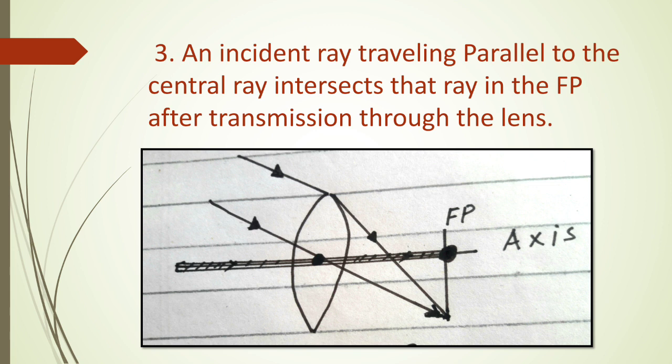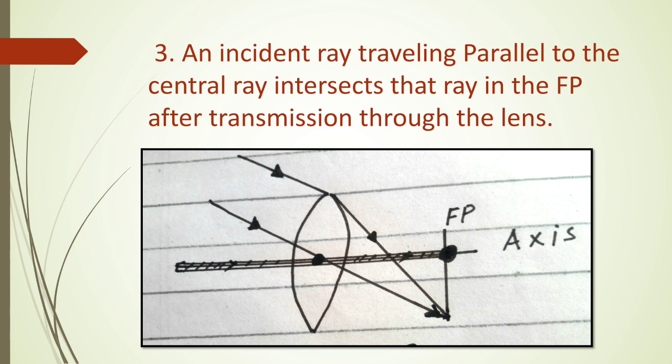We consider another incident ray, the incident ray which is parallel to the central ray. So an incident ray which travels parallel to the central ray intersects the central ray in the focal plane after transmission through the lens.